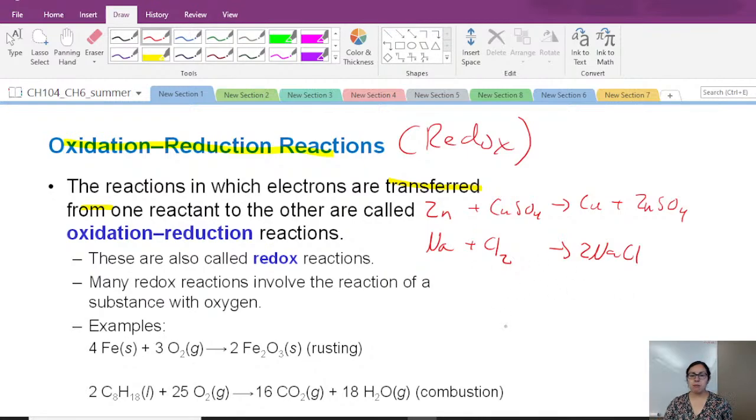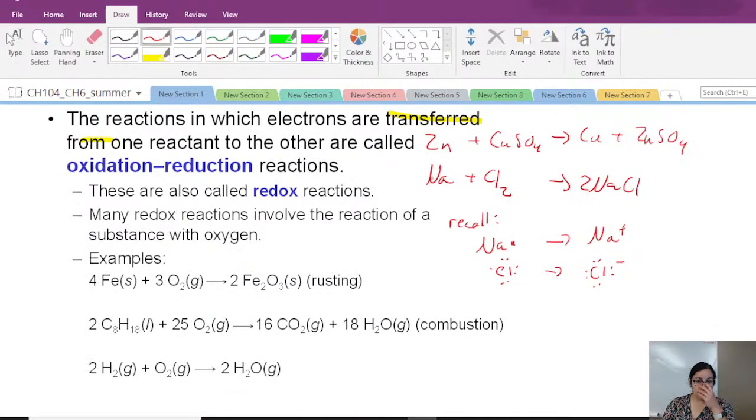We remember that sodium gave up an electron to chlorine, and that's how we made our cation and anion. We had our sodium with our Lewis dot structure, and then it lost an electron, and meanwhile chlorine gained that electron. So just tying things back.